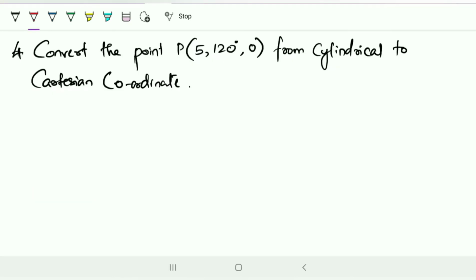So coming to the last problem in this lecture, we are going to convert a cylindrical coordinate system to a Cartesian coordinate system. The given value is supposed to be a cylindrical coordinate system.